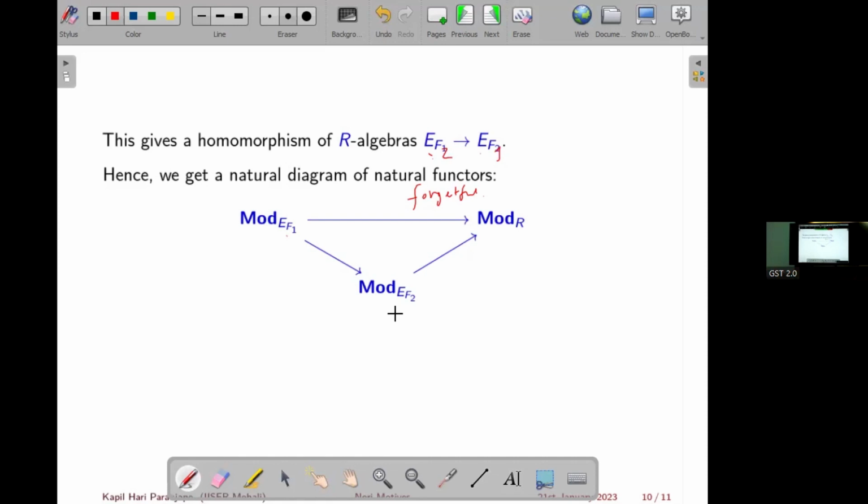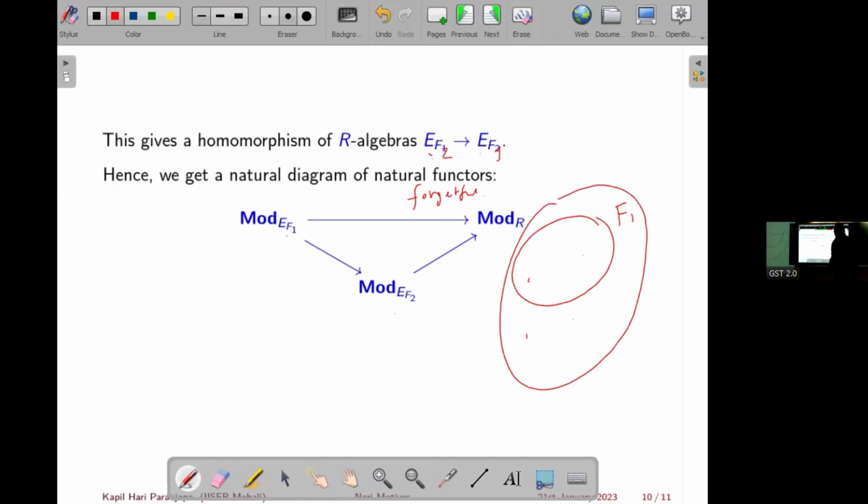Yeah, absolutely. What are you asking for? Let's think again of a situation like this, where this part is F1, and then in addition I have added something, and this is F2. Now what I am looking at is endomorphisms at each of these vertices which commute with all the arrows in this diagram.